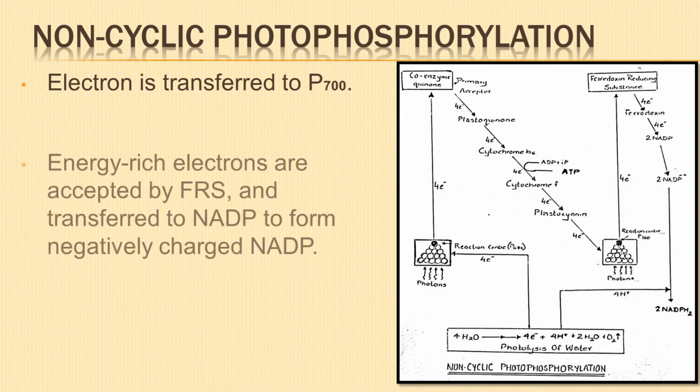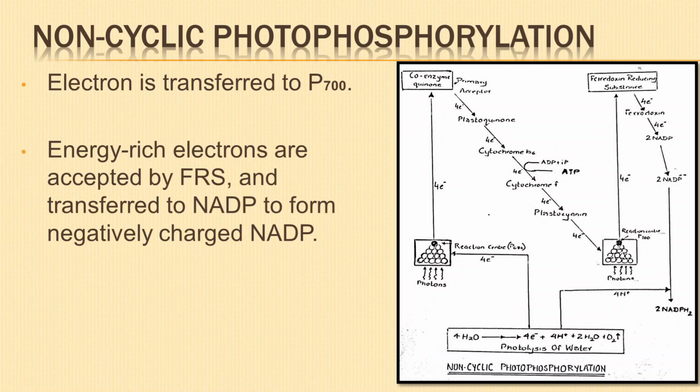It releases energy-rich electrons which are accepted by ferredoxin-reducing substance and transferred to nicotinamide adenine dinucleotide phosphate to form negatively charged NADP in the presence of enzyme ferredoxin NADP reductase. P680 brings about splitting of water molecules to release oxygen.